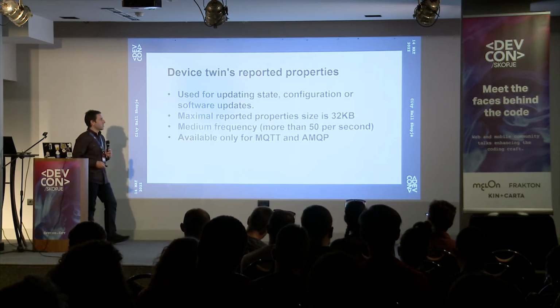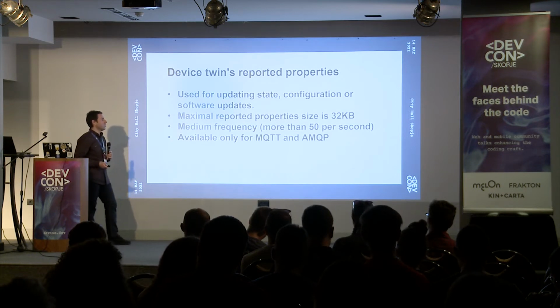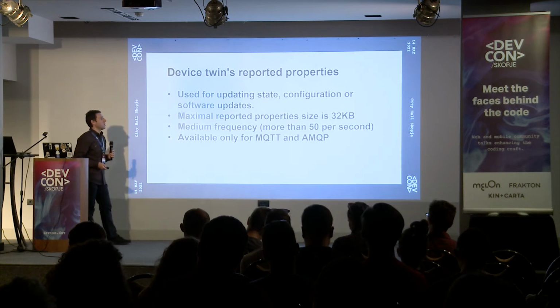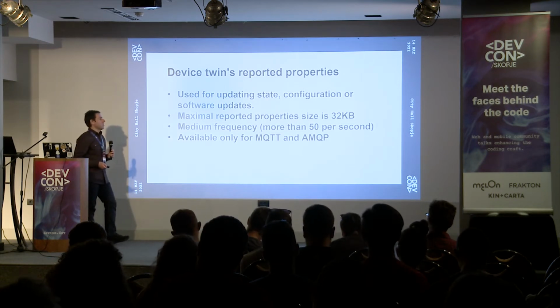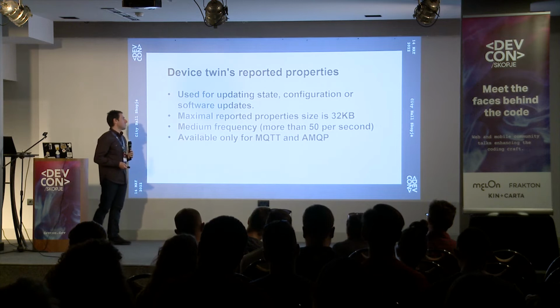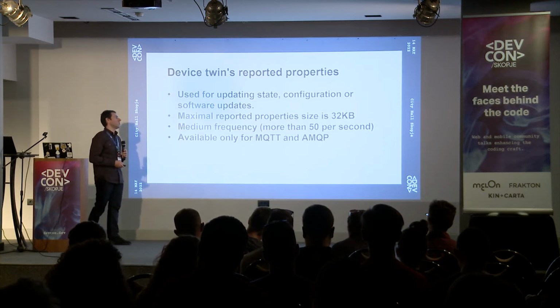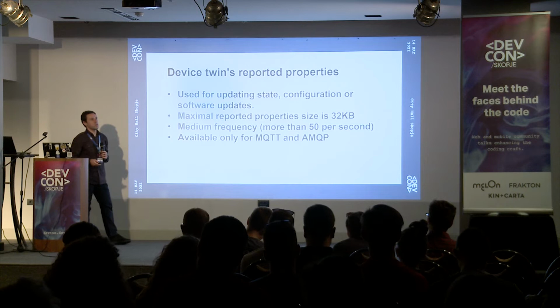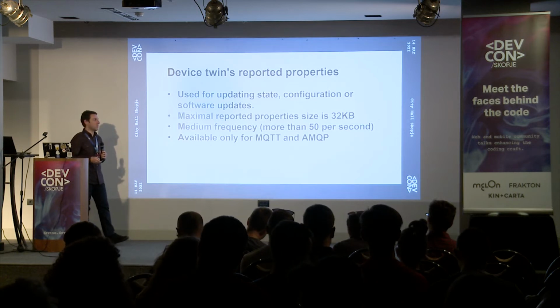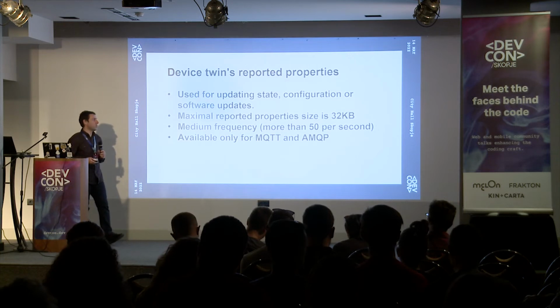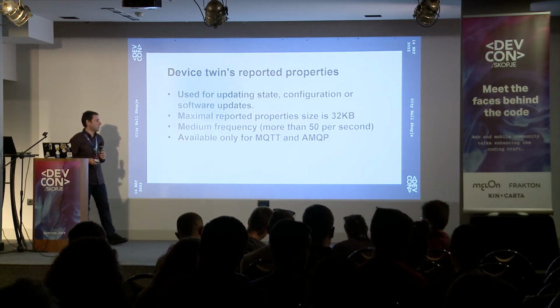For the reported properties, there we put some state configuration or information about the software update if needed. The size is 32 kilobytes, and the frequency is medium, so we don't need to use it all the time for sending new information. It's just some basic configuration that usually should be done at the beginning.